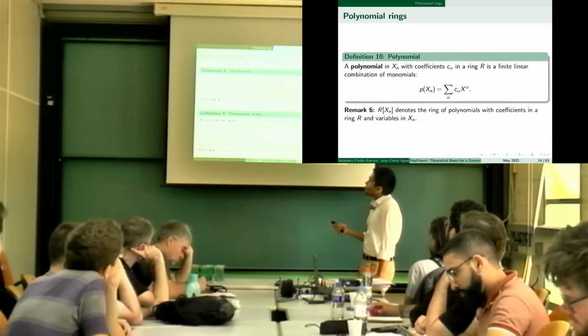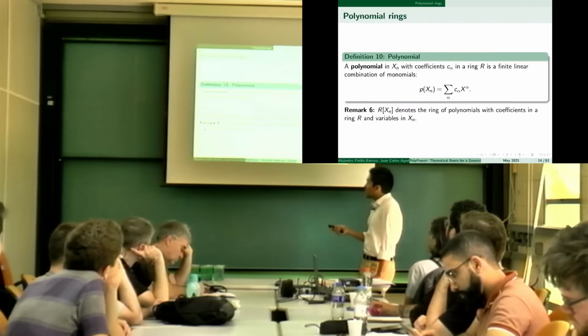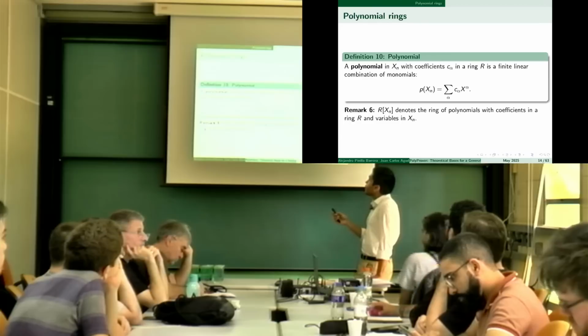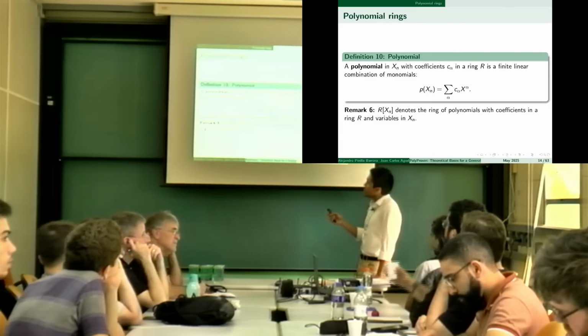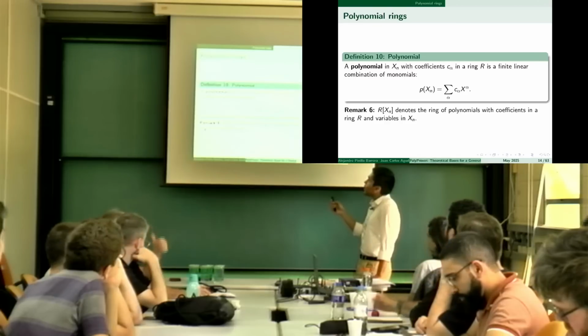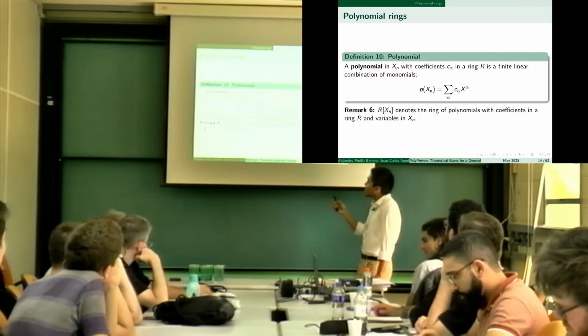And so on. And finally, a polynomial in n variables can be defined as a linear combination of monomials with coefficients in a ring R. That's why the concept of ring is important here.